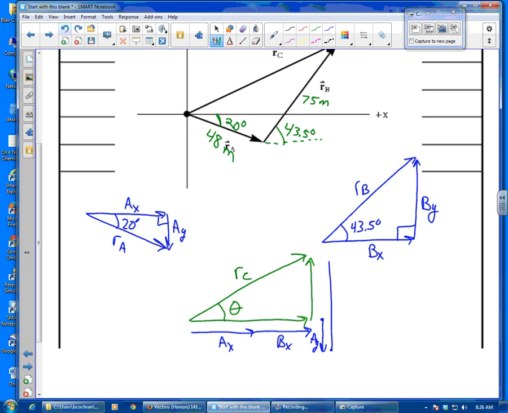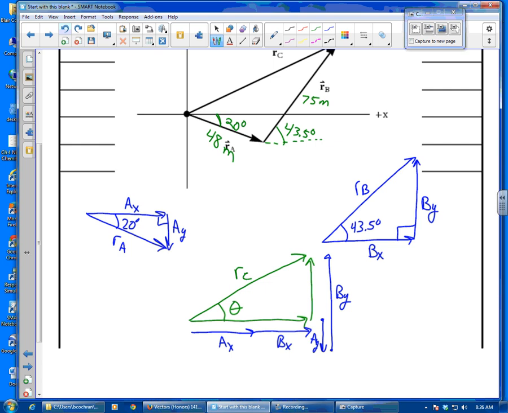Add to that BY, and I'll get the vertical component of my resultant. Because AY points down, I'm going to call down negative. You guys okay with that? Down negative, and I'll call to the left negative. So AX and BX are both positive, AY is going to end up being negative, and BY positive. All right?